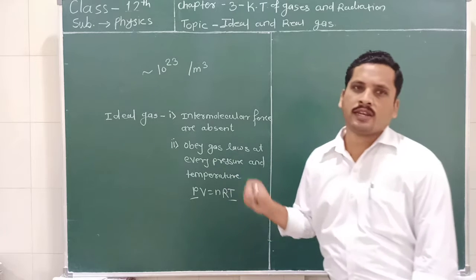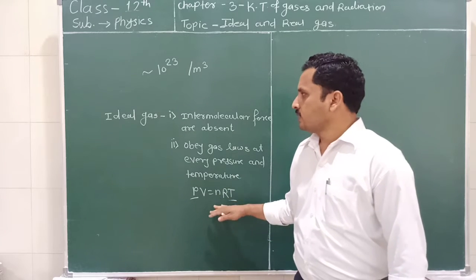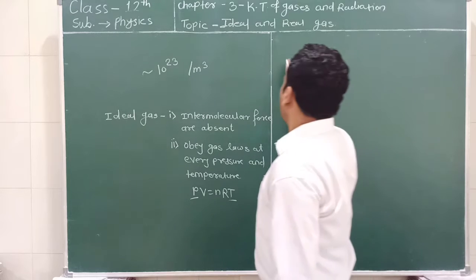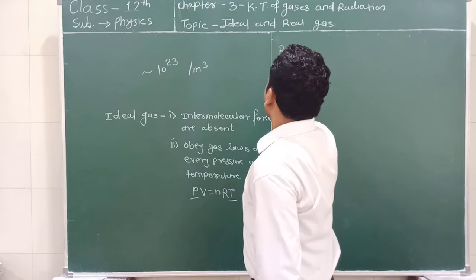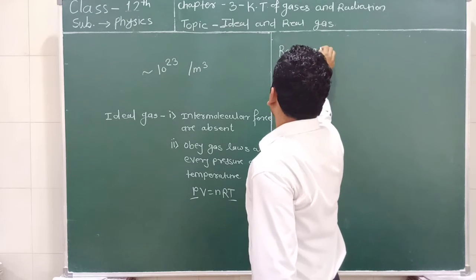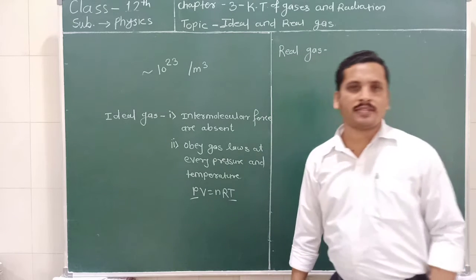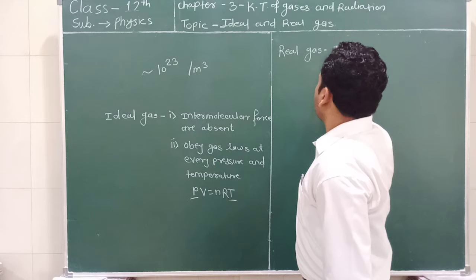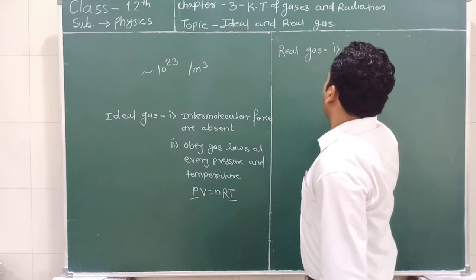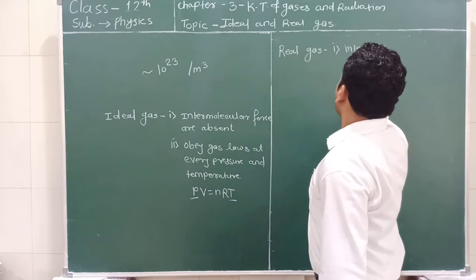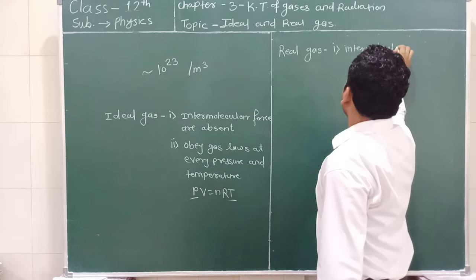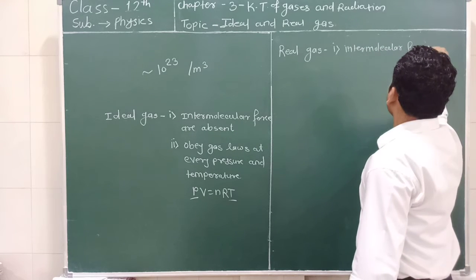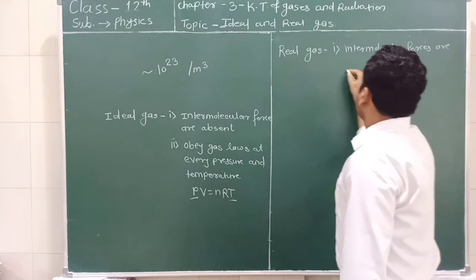No gas in nature is ideal. So there is another type of gas, which is the real gas. What is a real gas? The property of the real gas is that the intermolecular forces are negligible.